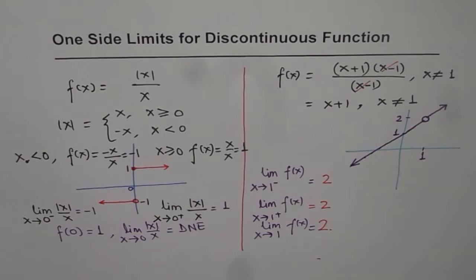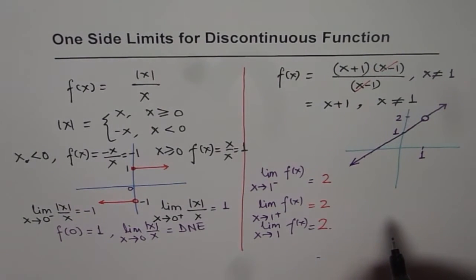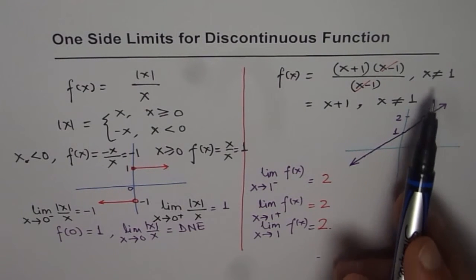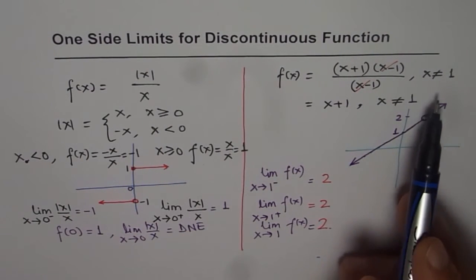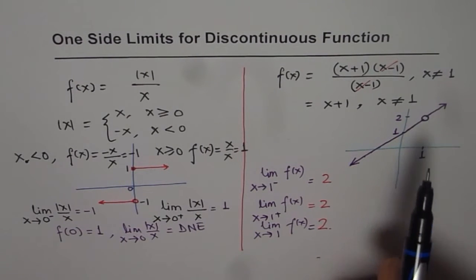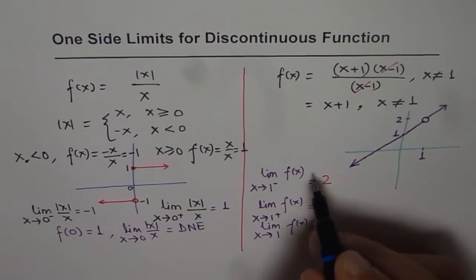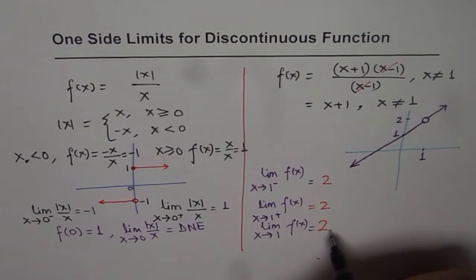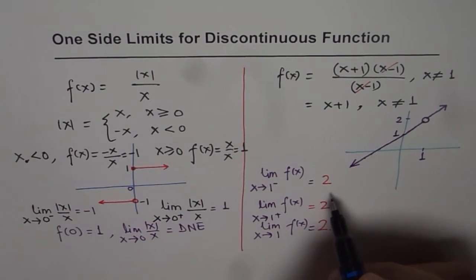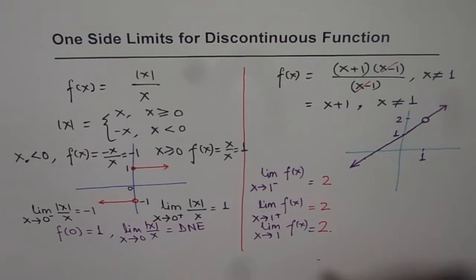Now in this case, why is the function discontinuous if the limit exists? That is a relevant question, right? The reason is, the limit is about what we are approaching; the limit is not the value of the function at that point. And we know the function is not defined at 1. Since the function is not defined at 1, the function cannot be continuous. Do you see that? So there are times when the limit may exist, right? The one-sided limits exist. The limit may exist, but still the function could be discontinuous, correct?